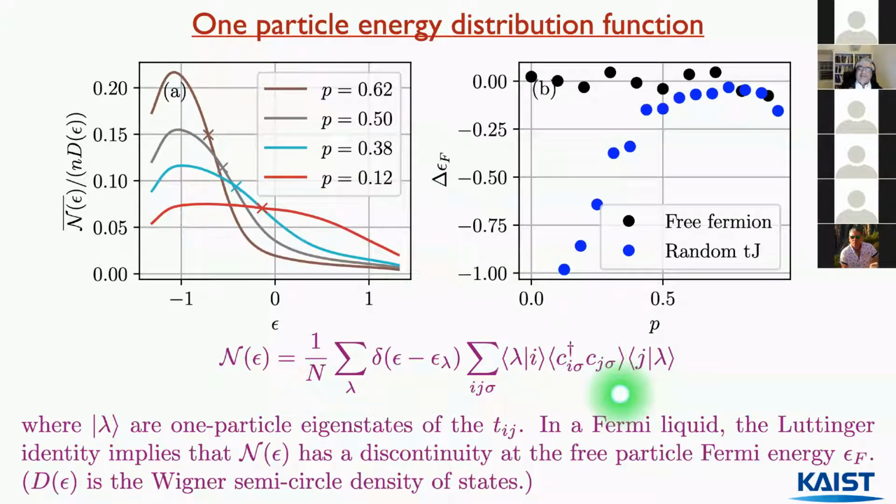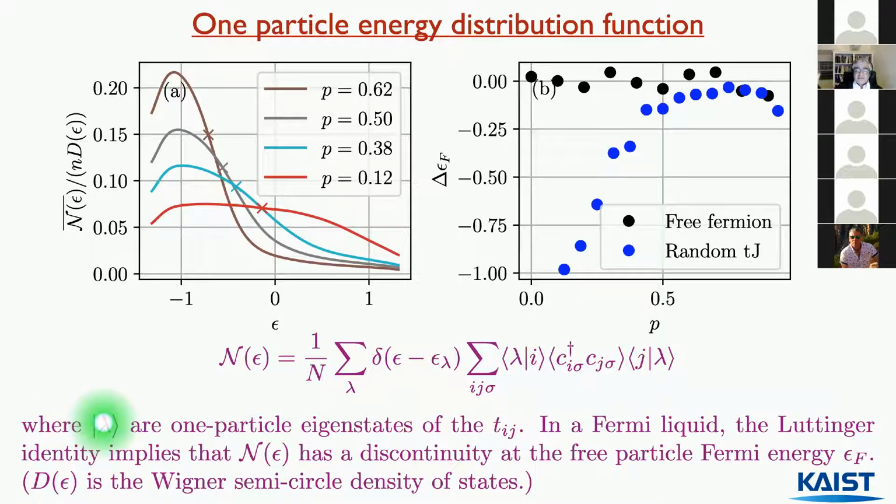Even in an interacting Fermi liquid, it has this discontinuity given by the quasi-particle weight. So how do I define that in a disordered system? Well, the idea is that if there are quasi-particles present in a disordered system, they won't be just plane waves. They'll have some complicated wave function. So what you should really do if you want to compute n of k is assume a set of quasi-particle wave functions, or quasi-particle states, which I call lambda.